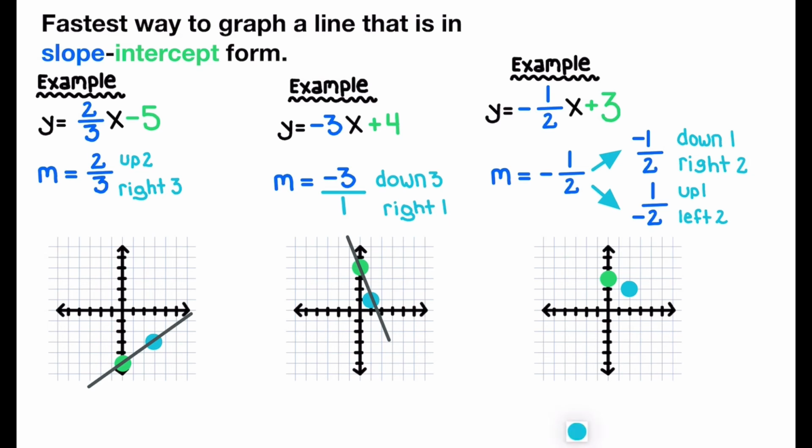If I go back to the 3 where I begin, rise 1, up 1, run -2, left 2. See how those points are in a line? It wouldn't have mattered if I used -1/2 or 1/-2. So when you have a fraction that's negative, you just put the negative in either the top or the bottom.